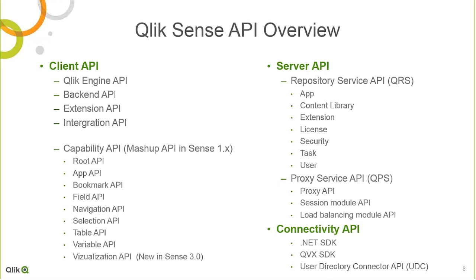And of course, there's one more thing introduced in Qlik Sense, the user directory connector API. We call it the UDC connector, UDC API, which is used to build a customized user directory service data connection API, which is used in QMC to synchronize more different kinds of users into Qlik Sense for authentication and authorization later.